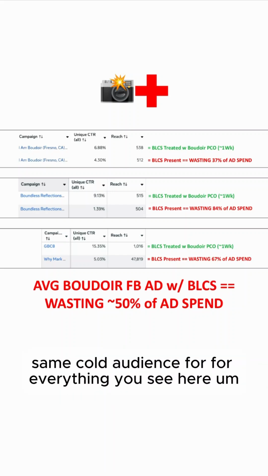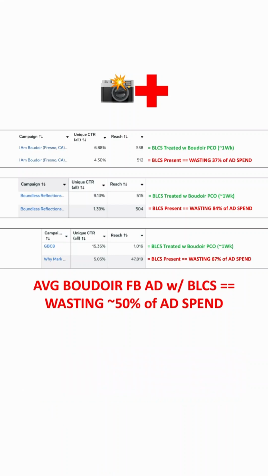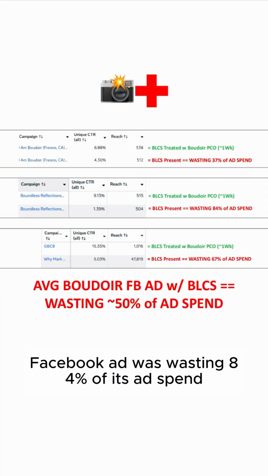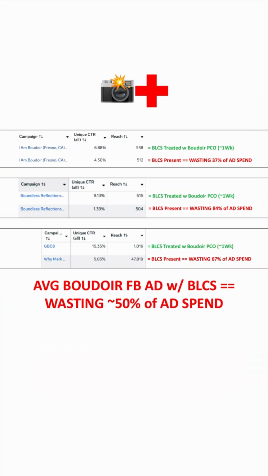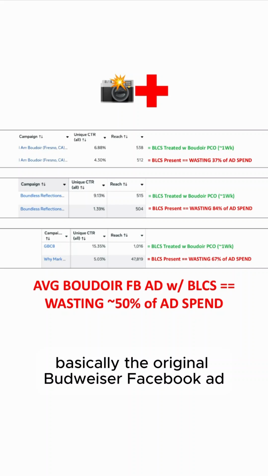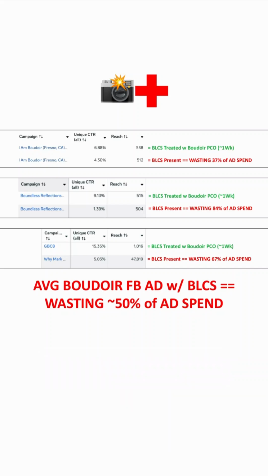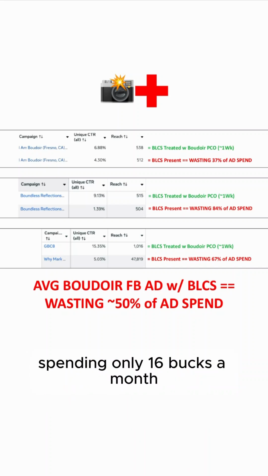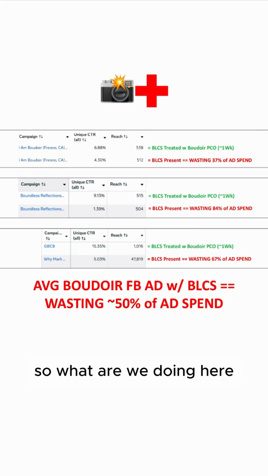It's the same city, same cold audience for everything you see here. And so we found out the original Boudoir Facebook ad was wasting 84% of its ad spend. So the original Boudoir Facebook ad spent 10 grand a month. Instead of doing that, we can do the Boudoir Pico treated ad spending only $1,600 a month. So what are we doing here?